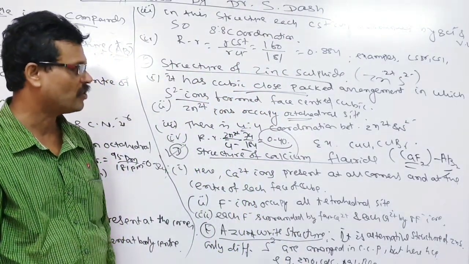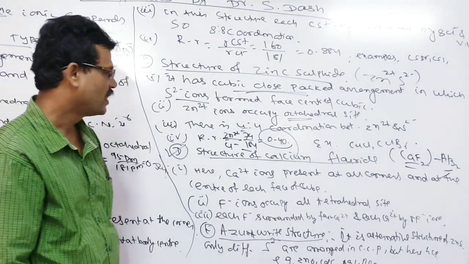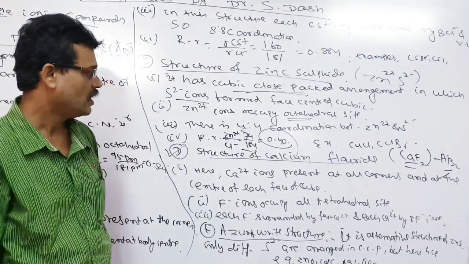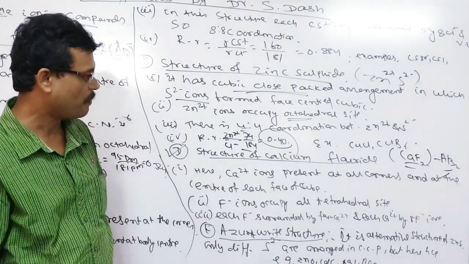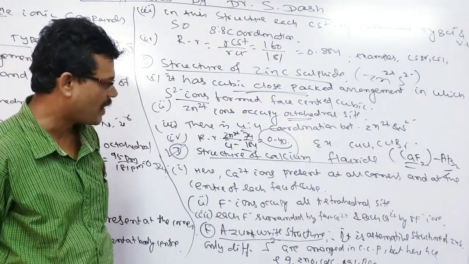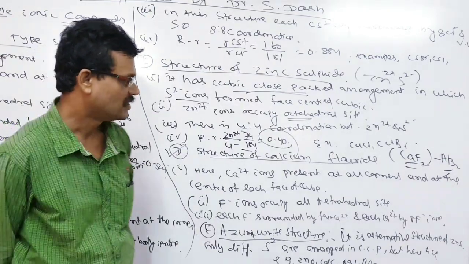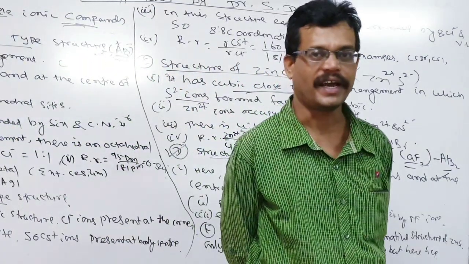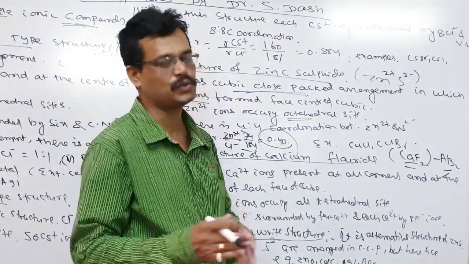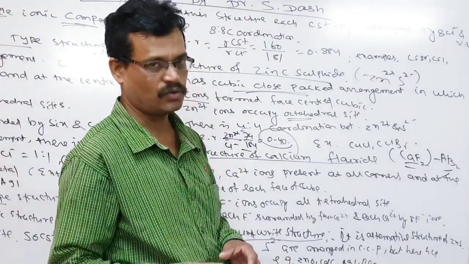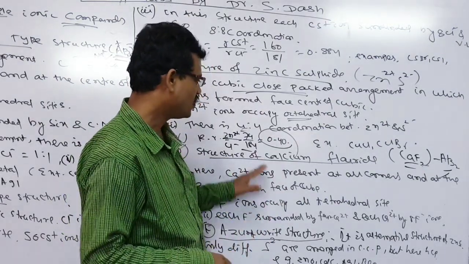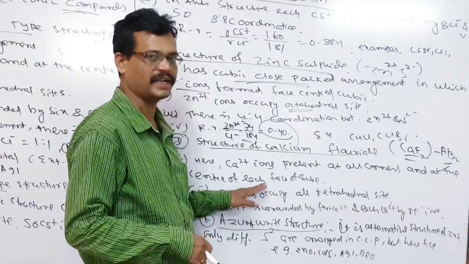The Ca2+ ions are present at all corners and at each face center of the cube, and F- ions occupy the tetrahedral sites. Each F- is surrounded by 4 Ca2+ ions, and each Ca2+ is surrounded by 8 F- ions. So the ratio is 2:1. That is the structure formed in the calcium fluoride pattern.